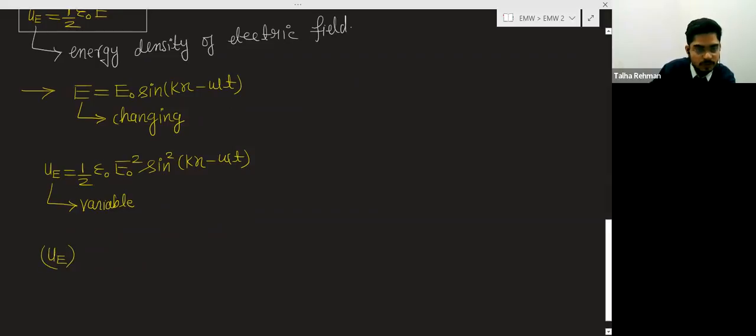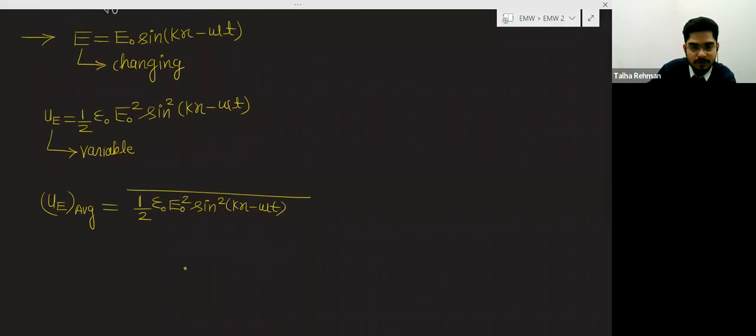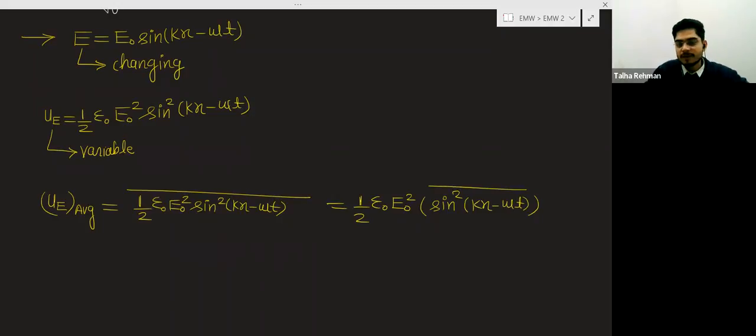Half, epsilon naught, and E naught square are constant, and the bar on sine square kx minus omega t means the average value.